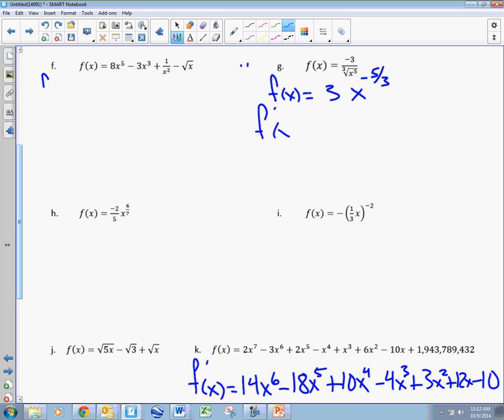So f prime of x will be, we'll take that negative 5 over 3 and multiply it in front. X to the, and subtract 1. Negative 8 thirds is what you get when you subtract 1 from negative 5 thirds.